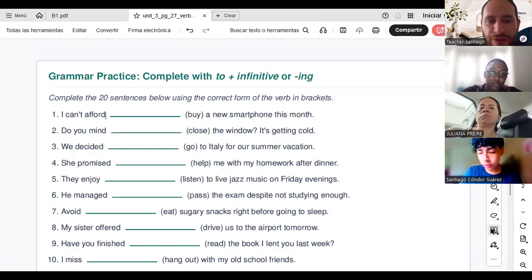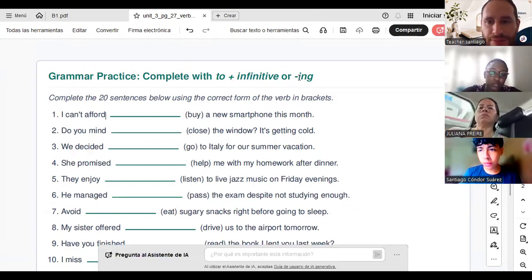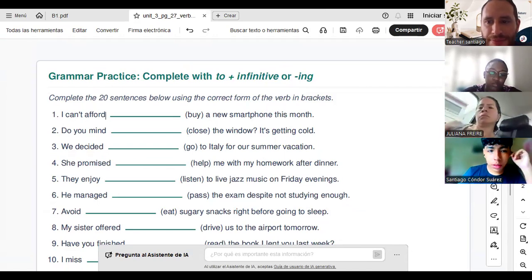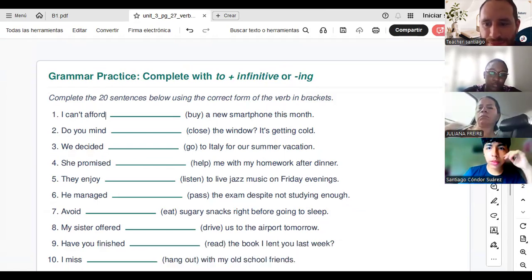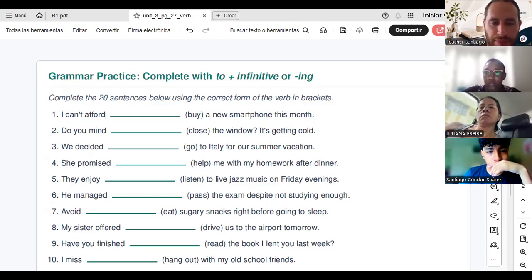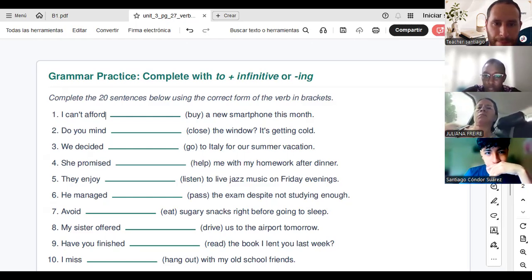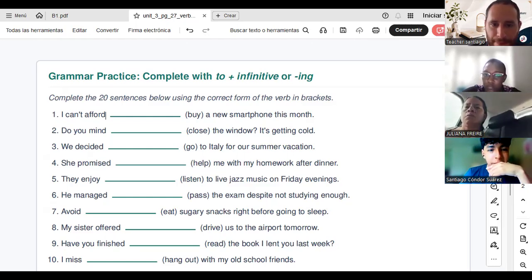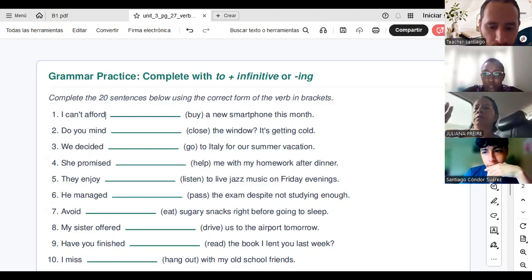So, Santi, the first one, can afford. Based on the document. To or infinitive? Teacher, excuse me, what do you mean afford? Como no lo puedo realizar. Thank you.